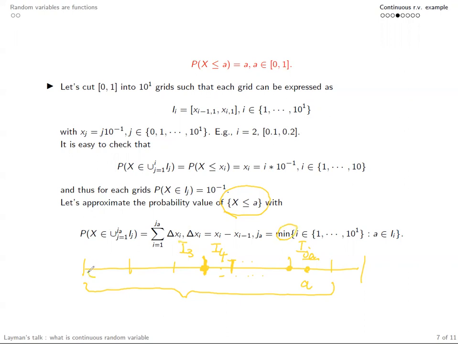So in such a boundary case, we use this to approximate the probability of X smaller or equal to A. Which actually in such a case is exactly the probability of X smaller or equal to A, okay? When you have a boundary case like this.